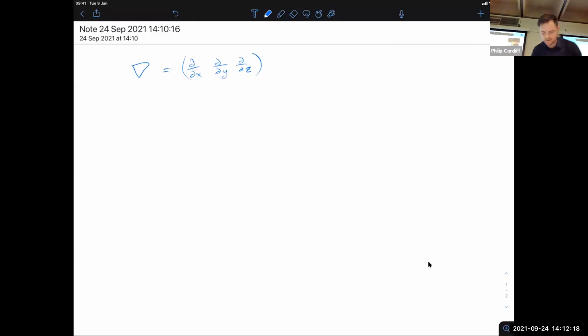So there's a variety of different ways they might be used. So first of all, let's just say T, so I'll use T to represent, actually maybe that's confusing. I'll use s to represent a scalar field. So that's a function of x, y, and z.